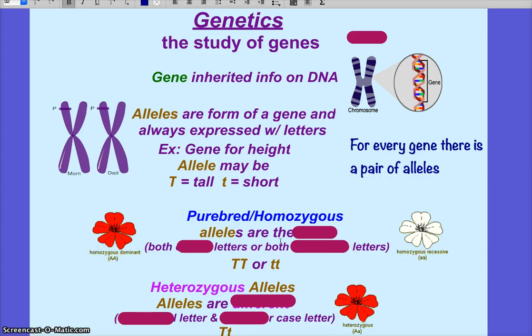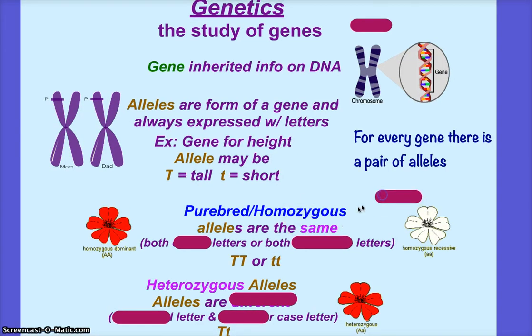So there's a way to express alleles with letters, but if the letters are both capital or both lowercase, they're the same. That's what same means, and I put that here. It is called homozygous. The word, and I'm going to underline it, means same, okay?